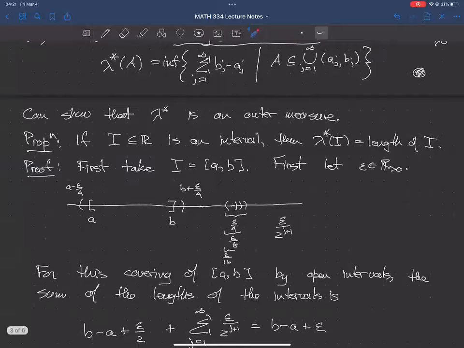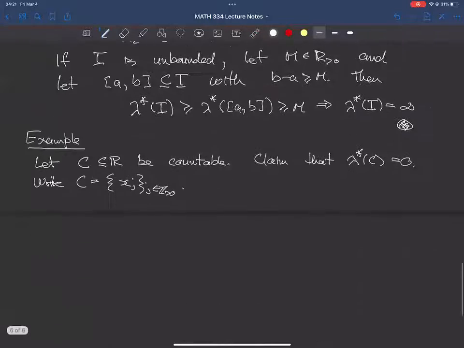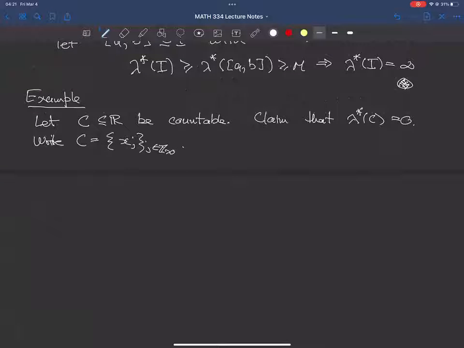Now this little construction we did here gives us a clue already about how to do that. All we're going to do is take the collection of points, and each point we're going to cover with an interval, and the length of those intervals is going to shrink just like that. So then let (a_j, b_j) equal, okay.